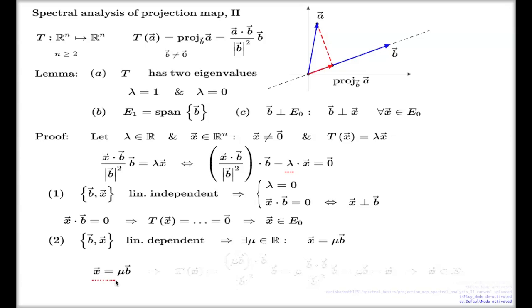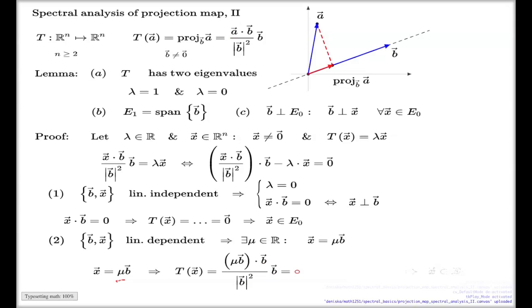If my x is a multiple of b, then if again I use the formula for T of x and substitute mu times b, it's my substitution. In the dot product, this coefficient can be taken out. Here it is. And the dot product of b with itself is the length of b squared. So that will make this fraction just 1.